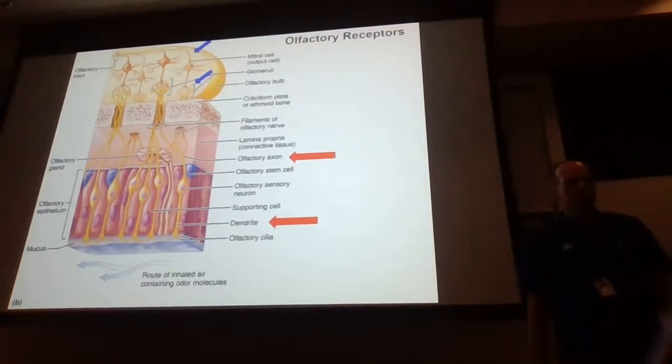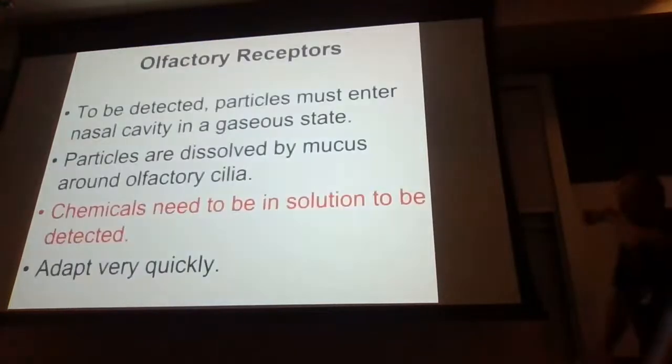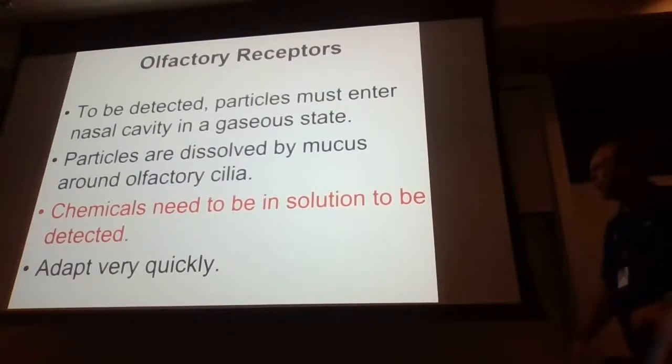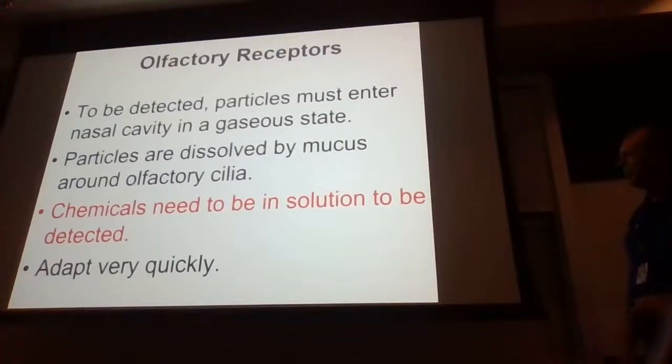Can receive multiple signals, but sends out only one. All right. So we said that in order to be able to smell, that molecule, that chemical has to be in solution in order to be able to stimulate this sensor.